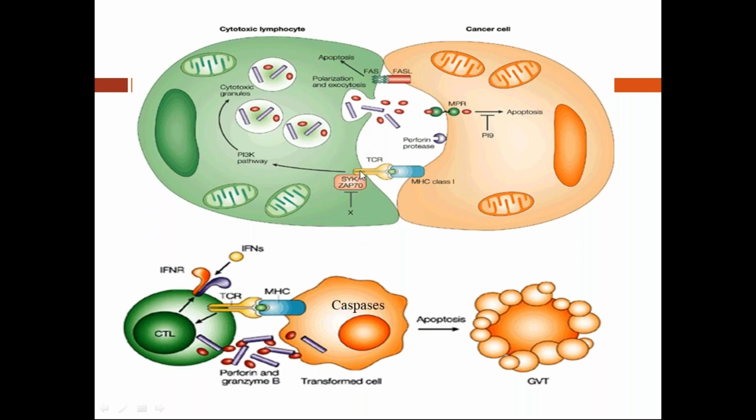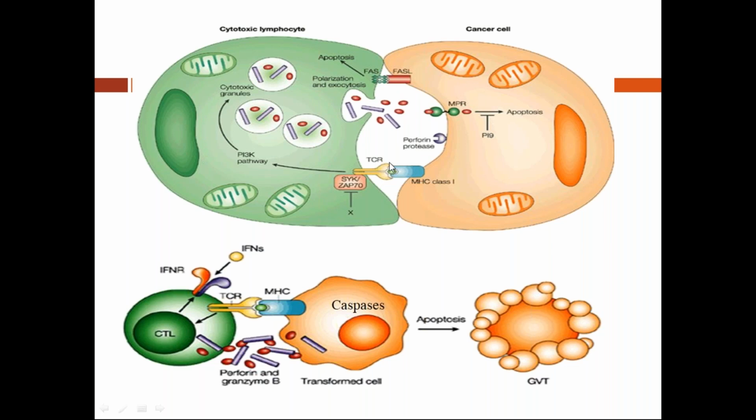Now this T lymphocyte also has one receptor on the cell surface, that is the TCR receptor. Very simple, T cell receptor it is. TCR: T stands for T lymphocyte, C is cell, and R is the receptor. This receptor binds to this abnormal mutant protein and MHC class 1 complex.